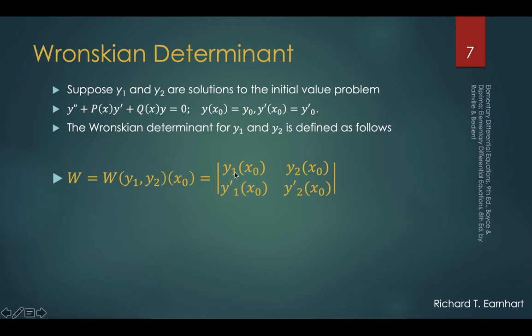For the first row, you have the solutions y1, y2, and then for the second row, you get the first derivatives, y1 prime and y2 prime. So the first row are y1, y2, and the second row are the first derivatives.